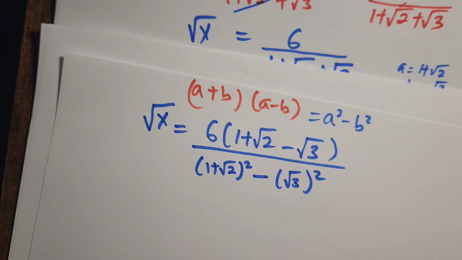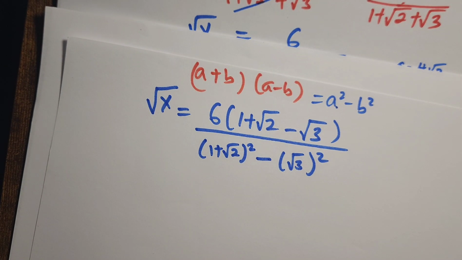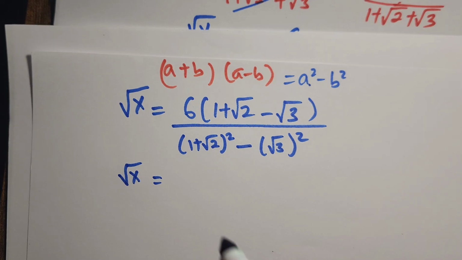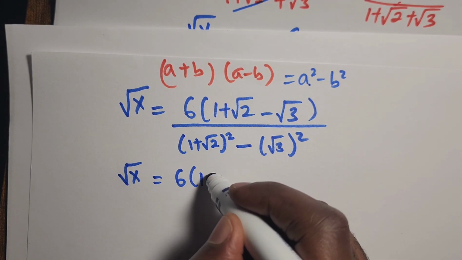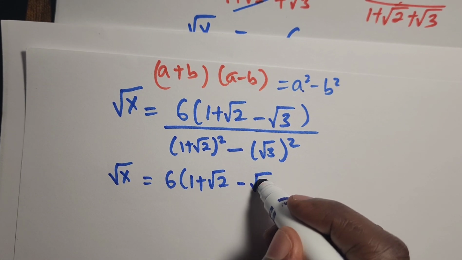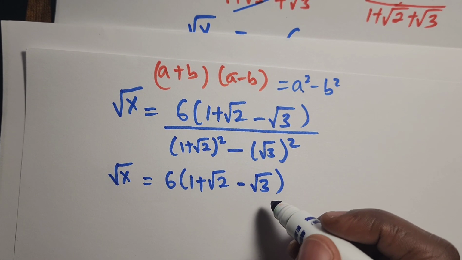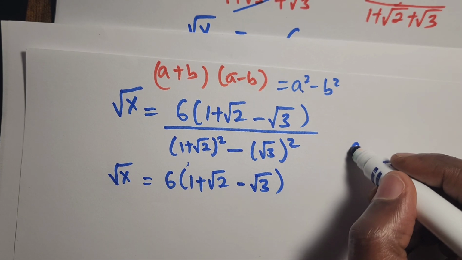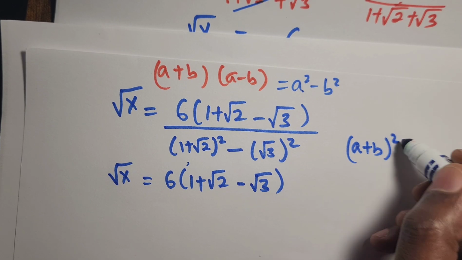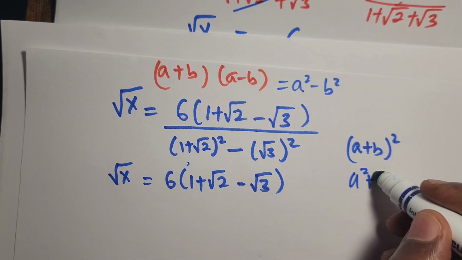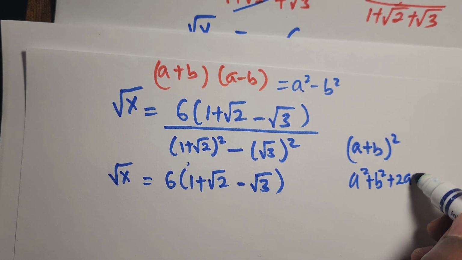So from here, I'm going to have the square root of x, which equals 6, 1 plus the square root of 2 minus the square root of 3. If you factor this out, remember, if you have a plus b squared, this can be written as a squared plus b squared plus 2ab.